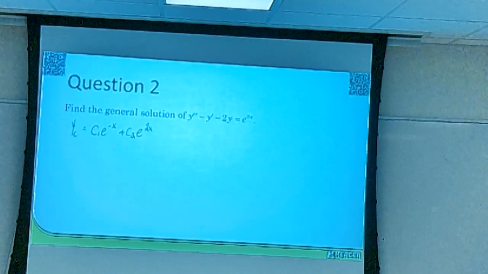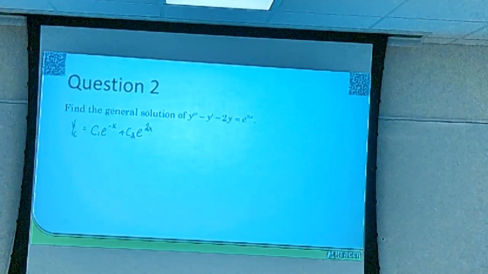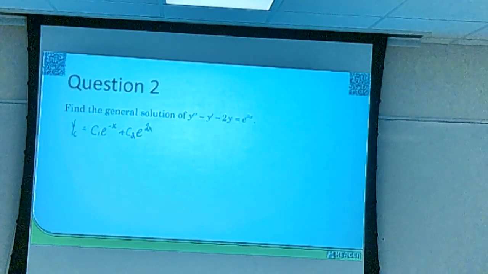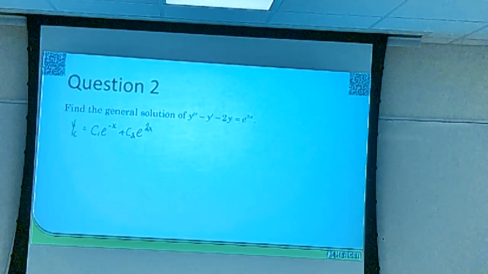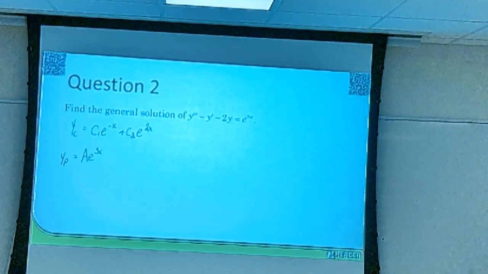Same complementary function, right? Because it's the same thing, y double prime minus y prime minus 2y. Now finding the particular. g of x is e to the 3x in this case, right? So the form of our particular is a e to the 3x.